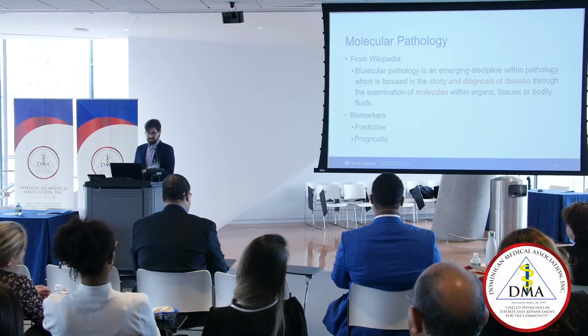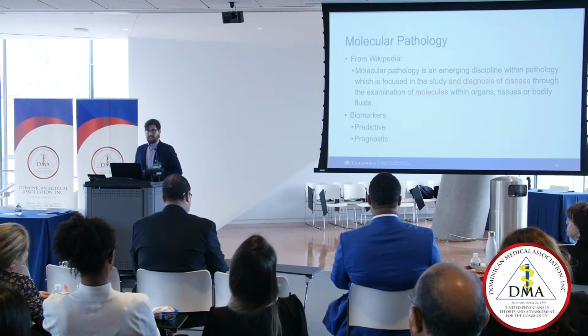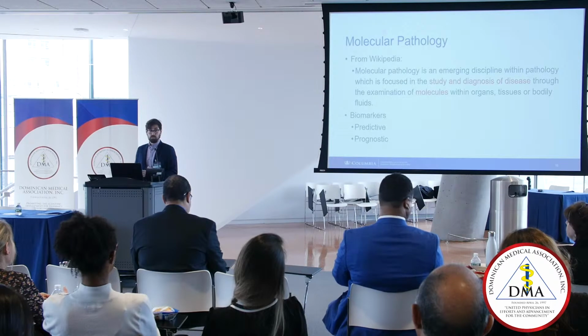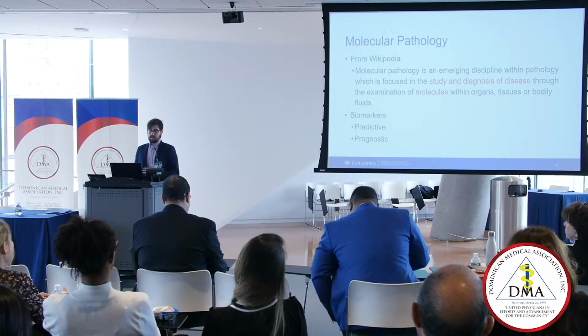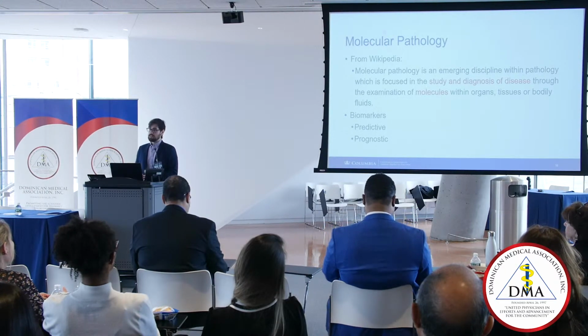Biomarkers are just small molecules we can find in the body. And these can either be predictive or prognostic. Predictive meaning that they can tell us how the tumor will behave, or prognostic, meaning that they can tell us how they will respond to different treatments and different chemotherapies and different agents.